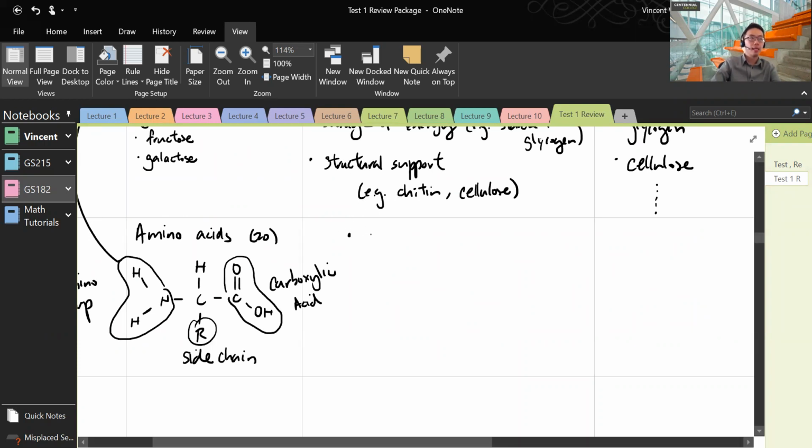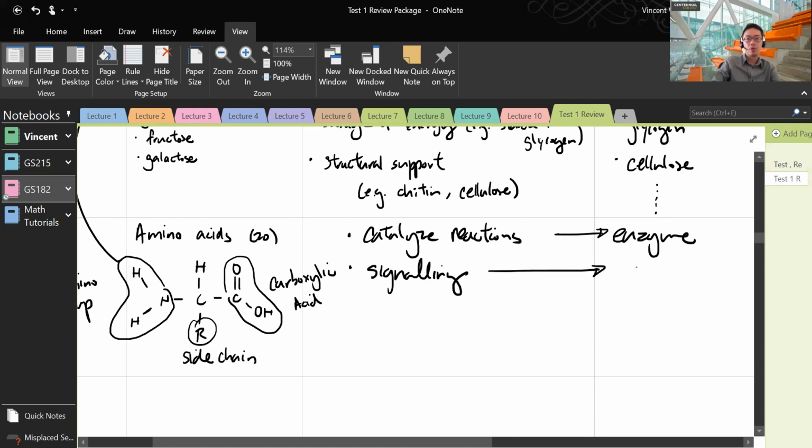Yep, so catalyzed reactions, as enzymes, good. So enzyme would be an example. Muscular structure, hormones. Yep, so cell signaling, we'll say signaling, and that would be hormones.